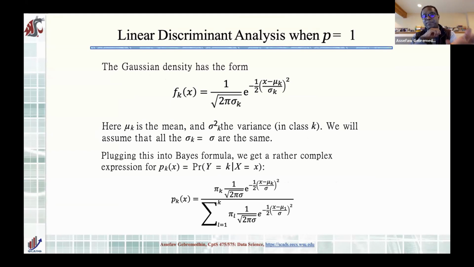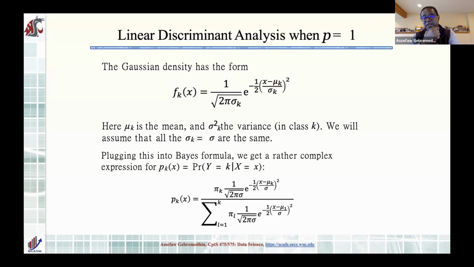So this is linear discriminant analysis when p equals 1. So you've got only one predictor. And so now the fk, the function, the shorthand I gave you a couple of slides ago, when p is equal to 1 and the distribution is Gaussian, there is nothing really that complicated about this. It's just a bit scary, but it's just a Gaussian distribution density function. And this is what it looks like when expressed in terms of the mean and the variance in each class.